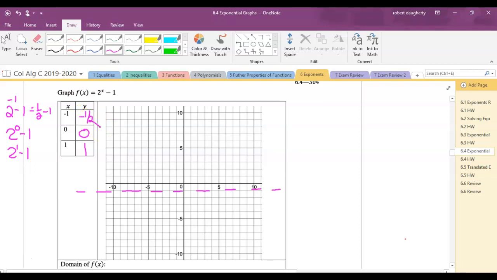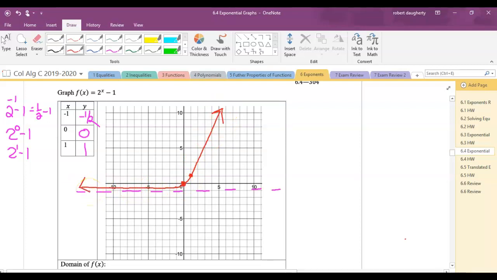Okay. So those are my 3 points. (0, 0) is right here. (1, 1) is right here. (Negative 1, negative 1/2). Just by those 3 points, can you see what the graph is doing? Yeah, it is doing something like this.